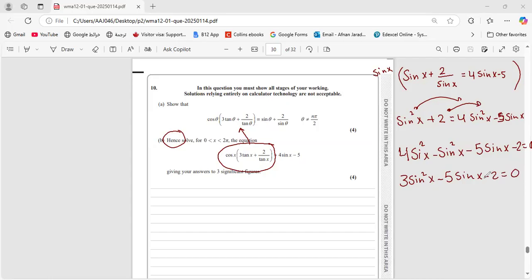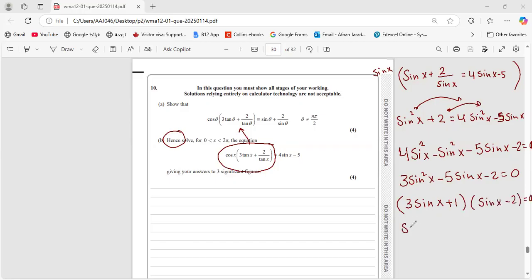And to find the answer of the quadratic, you need to make factorization. This one will be 3 sine x minus 1, sorry, plus 1, and the other one is sine x minus 2 equals 0.